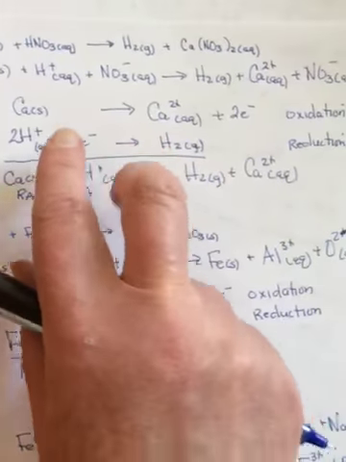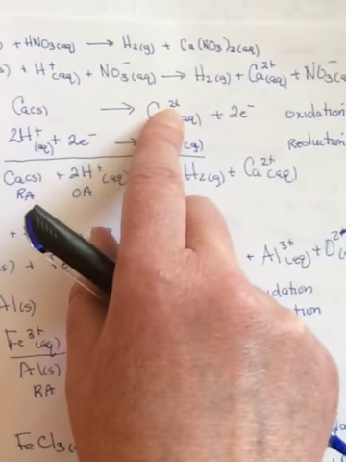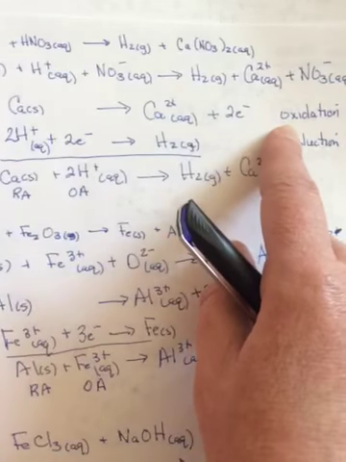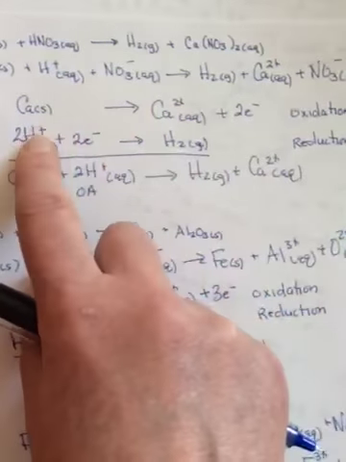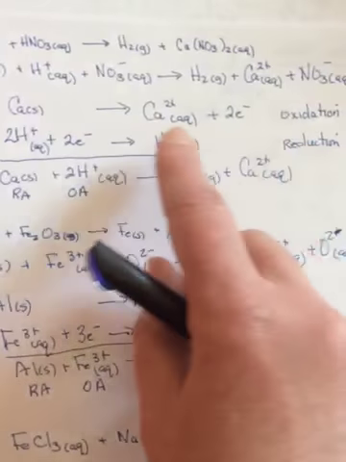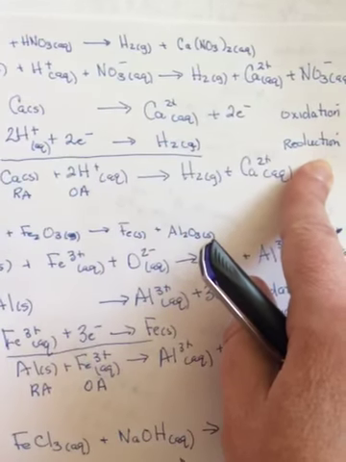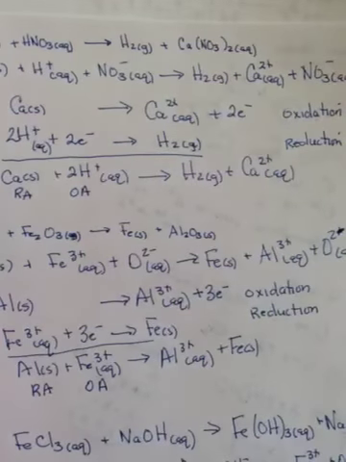So if we take a look, 0 to +2, the oxidation number went up, and when the oxidation number increases, it's oxidation. +1 to 0, the oxidation number went down, and when the oxidation number goes down, it's reduction.